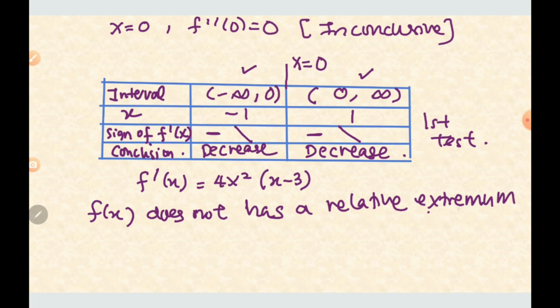Extremum means either positive or negative, maximum or minimum. So you can say that f does not have a relative extremum at the point x equals 0. Okay.